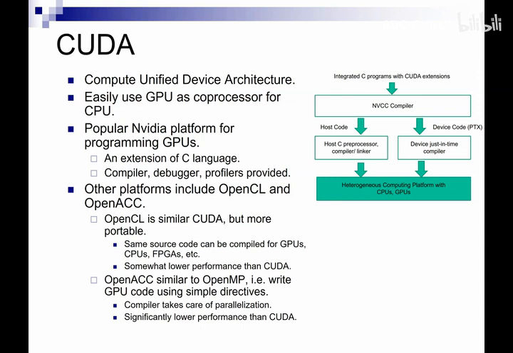Now, the performance of OpenACC is not at the same level as CUDA. It's actually quite a bit slower than CUDA. However, it's quite easy to use because, as you saw with OpenMP, that's a very easy thing to use. Whereas with CUDA, there's a lot to think about when you write a CUDA program. That's why we're spending a number of different lectures on CUDA.